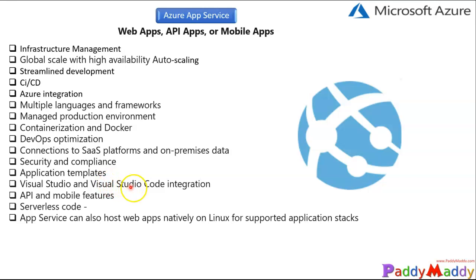And coming back to Visual Studio and Visual Studio Code integration, you have dedicated tools with Visual Studio and Visual Studio Code that streamline creating, deploying and debugging your applications and their code.